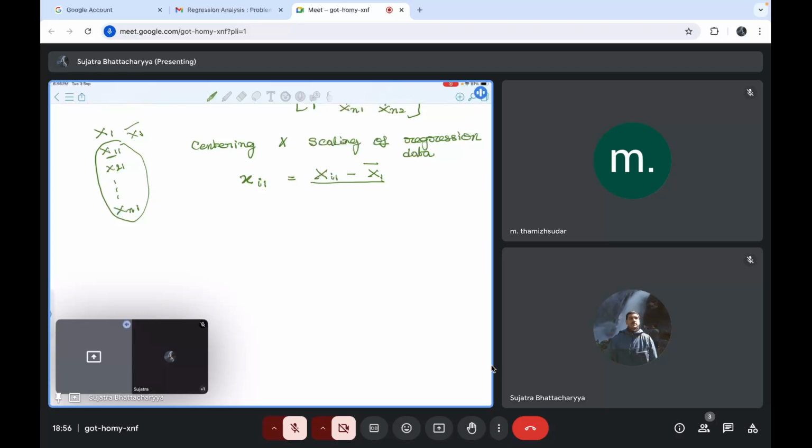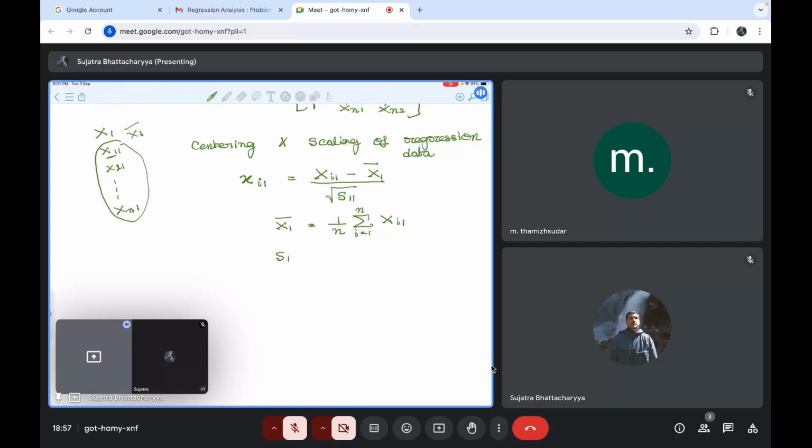And next is the scaling. Scaling means you multiply or divide by something. Scaling is through the standard deviation, so it is root of S11. So what is S11? Let me write it. x1 bar is 1 by n, where n is the number of observations, times the summation i going from 1 to n of xi1, summing all and dividing by n.